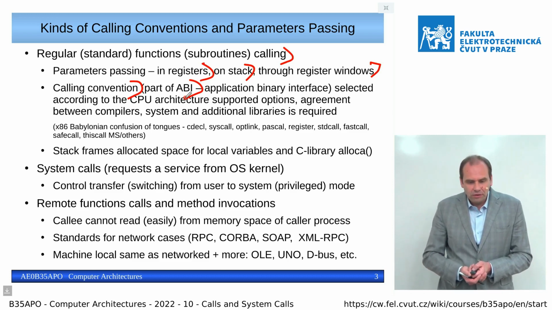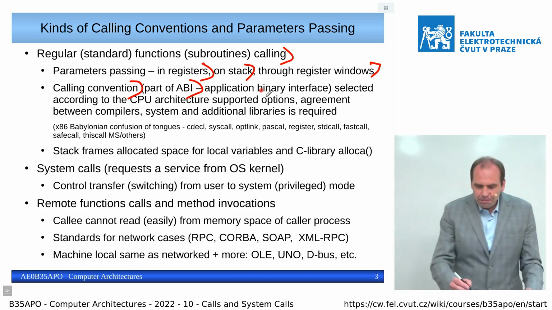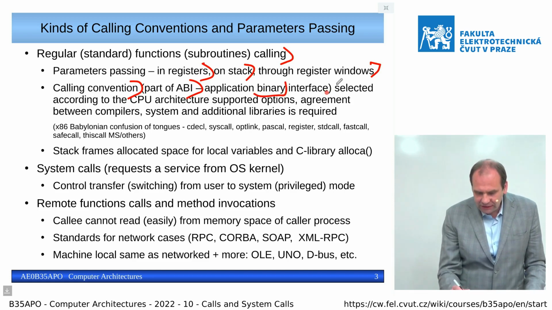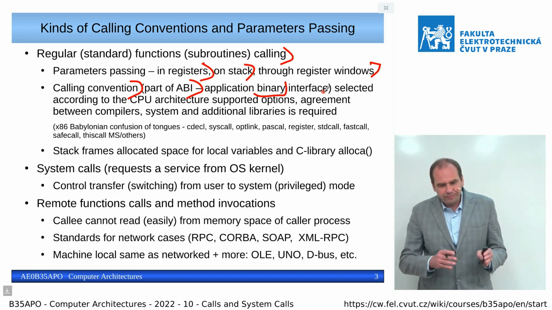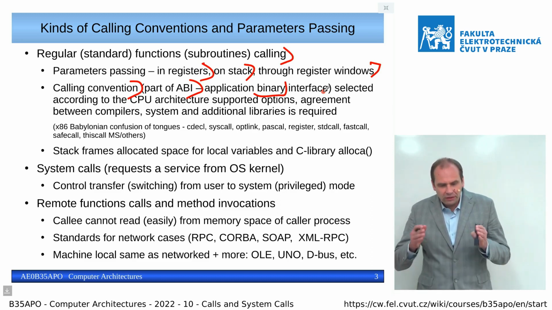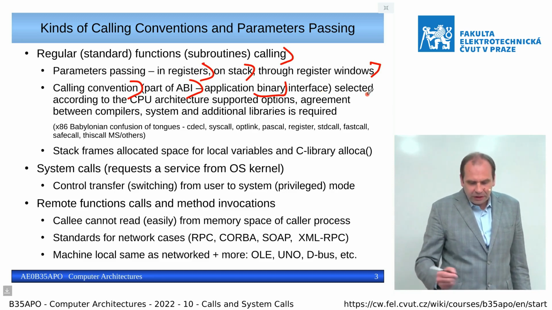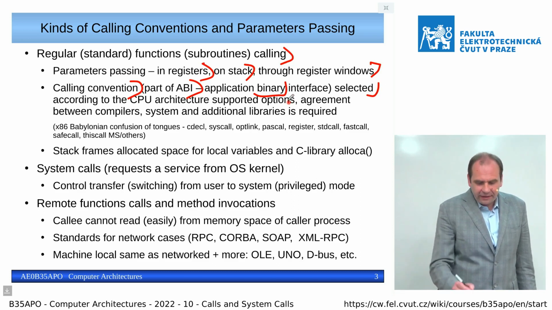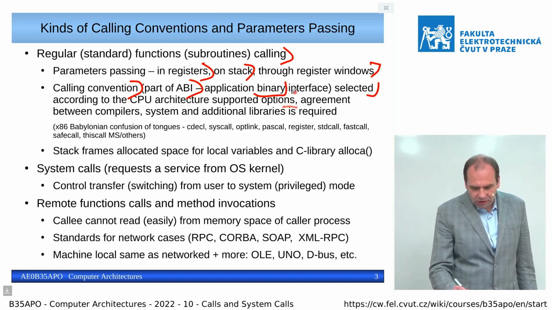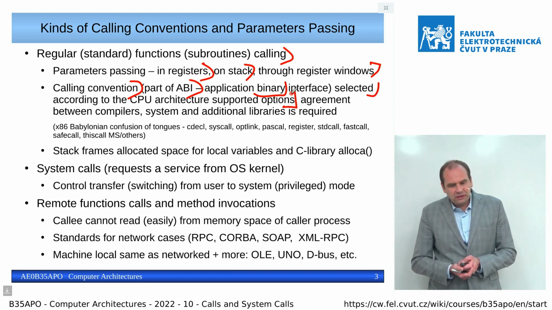But then you need to define a binary interface which exactly defines how the order of arguments is mapped directly to the actual binary data which are sent between the program and the function. And it is dependent on the processor architecture. So it is not fully independent.